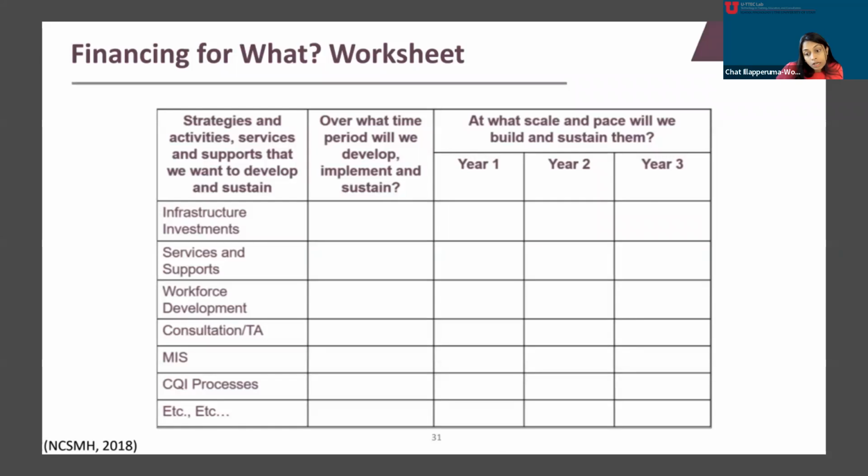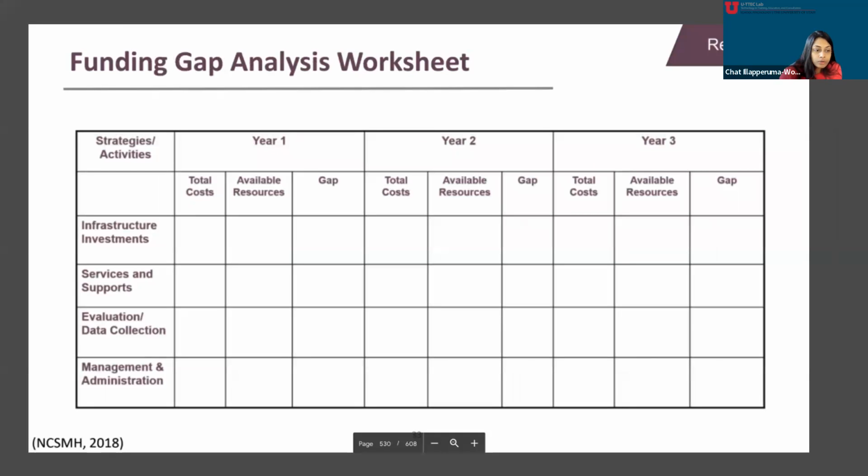It's really how you want to do it with your school. So for year 1, you think about all of these different strategies and activities, total cost for each, available resource for each. Is there a gap, and what does that look like? You want to do that for year 2 and year 3.